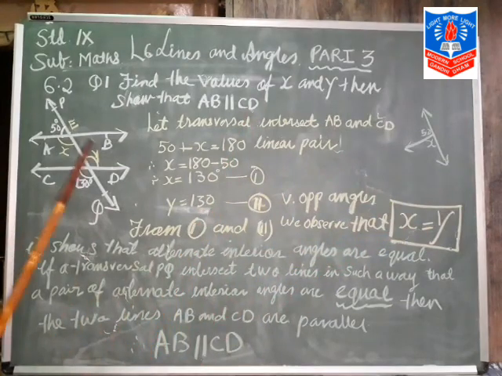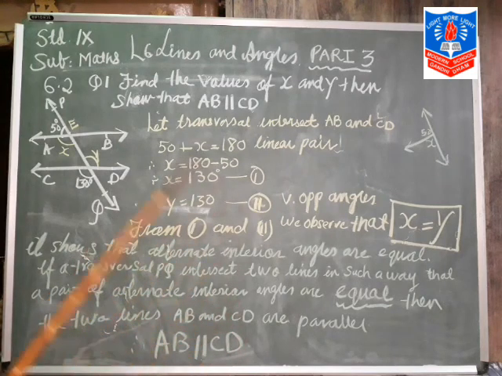It shows that alternate interior angles are equal. If a transversal PQ intersects two lines in such a way that a pair of alternate interior angles are equal, then the two lines AB and CD are parallel. So we can write AB parallel to CD.